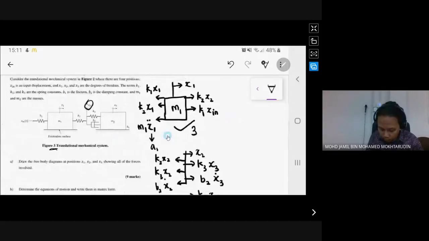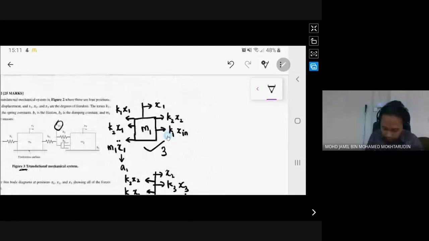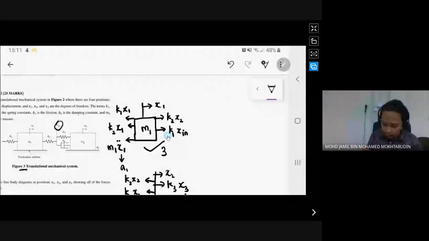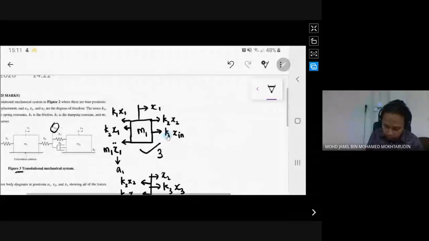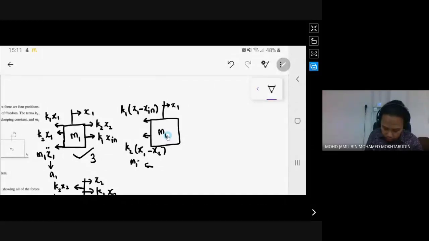Okay, so some of you also write the answer like this, okay? So instead of doing forces separately, K2 X1, K2 X2, some of you maybe do something like this. Maybe M1, and then backward force, K1 (X1 minus X in), and then maybe K2 (X1 minus X2), and then M1 X1 double dot.